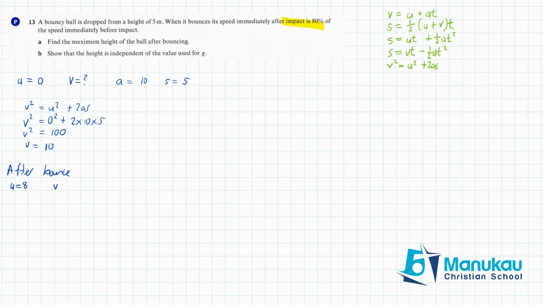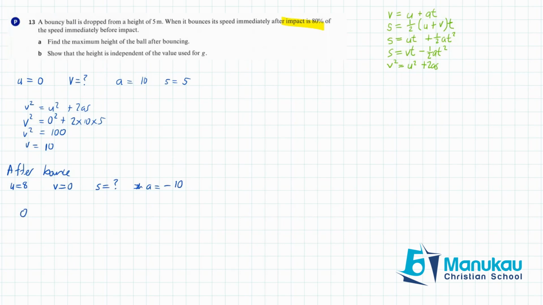Well, we know the maximum height will be when it reaches v equals 0, because that means gravity has reduced the speed to 0, so that it's about to start going down again. In that case, we know that acceleration is going against the direction that we've got our velocity of u. It's working against that. So we're just going to chuck in the same formula again, I think.